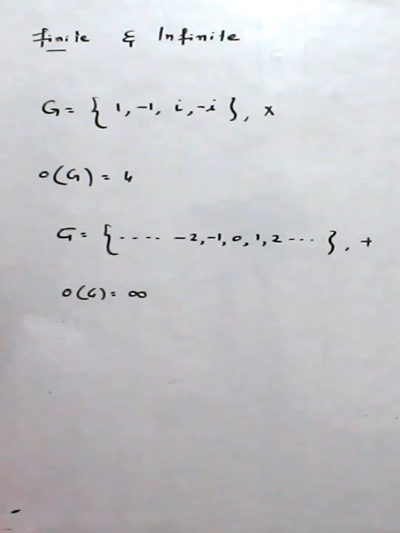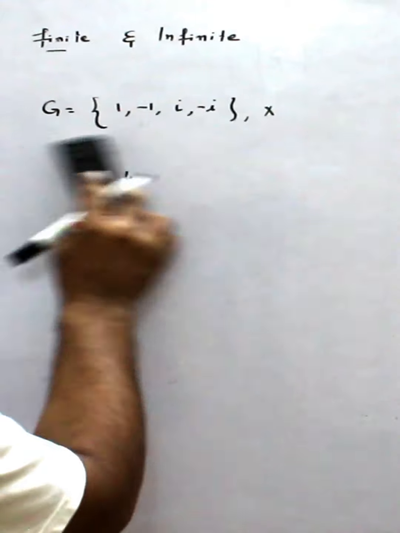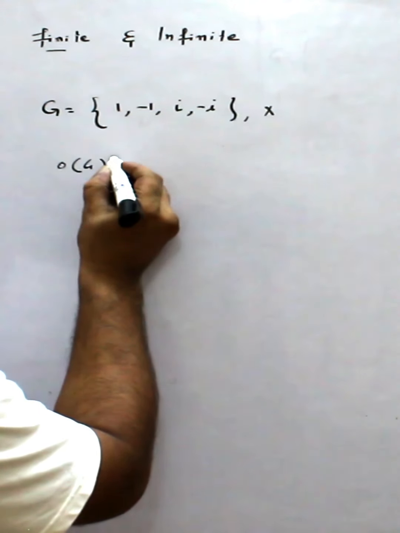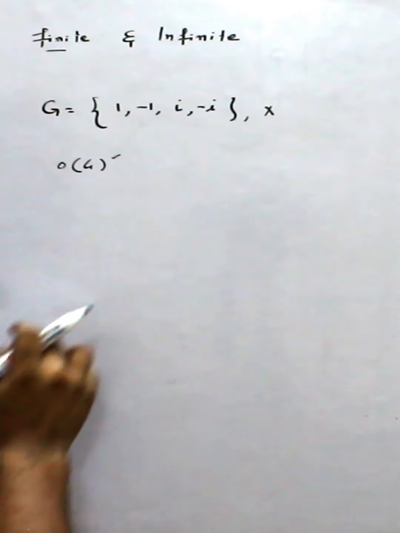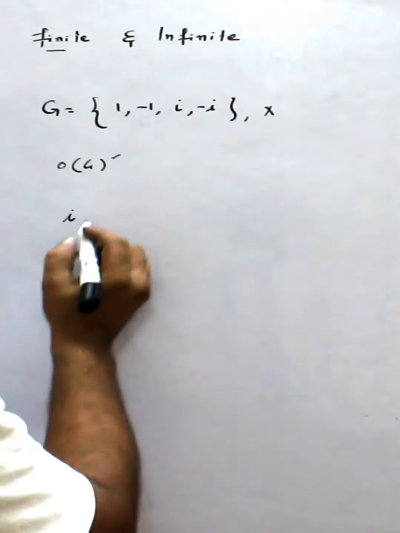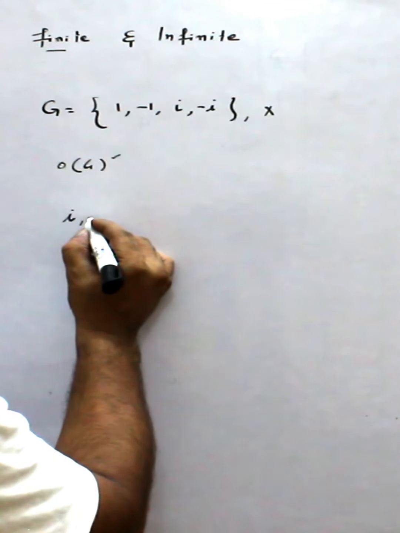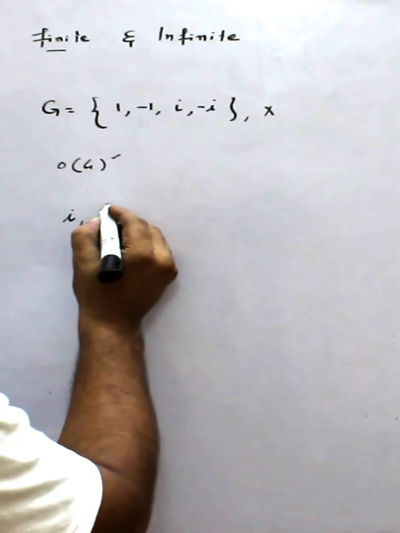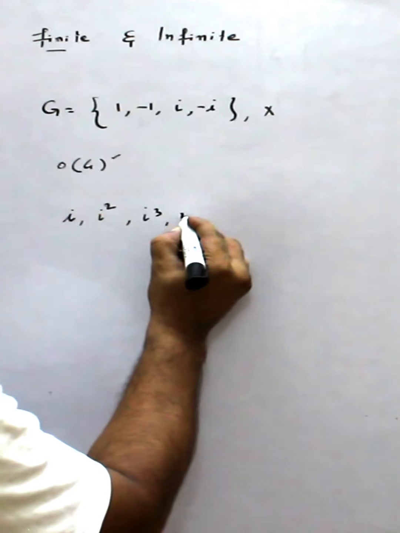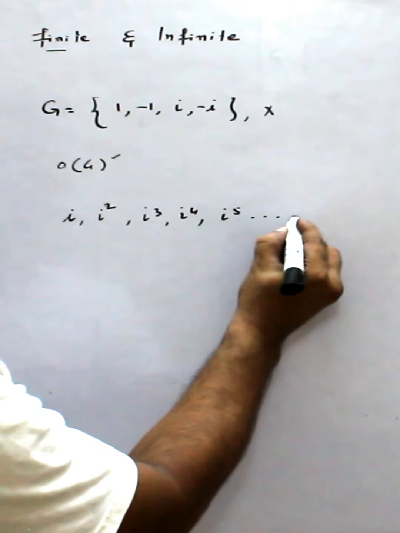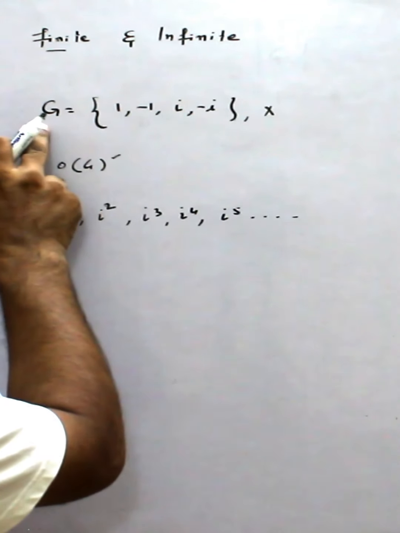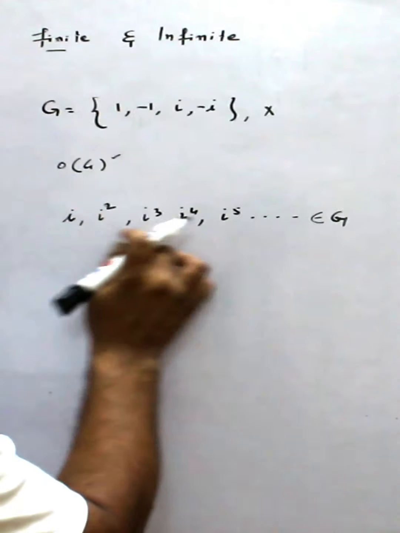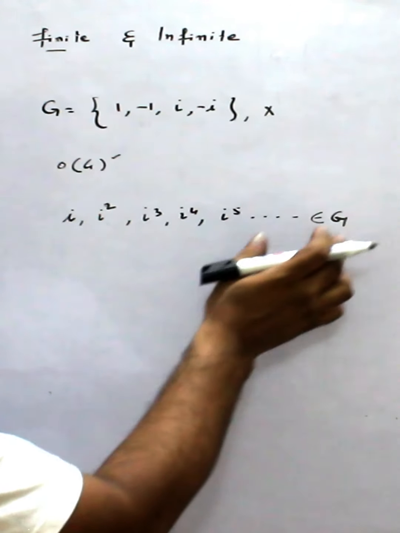But one new thing we see here: in this group the order of G is 4, and there is some element, like if I take I, because the operation is multiplication, then I into I, or I square, I cube, I4, I5 and so on, all these elements, because it is closed with respect to multiplication, must belong to G. But G is finite, so these elements seem infinite, but they are not.